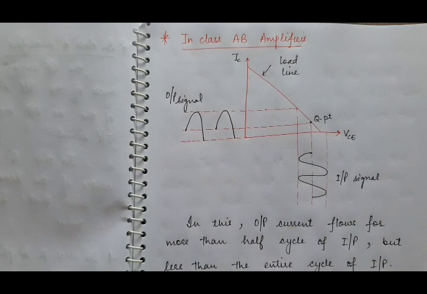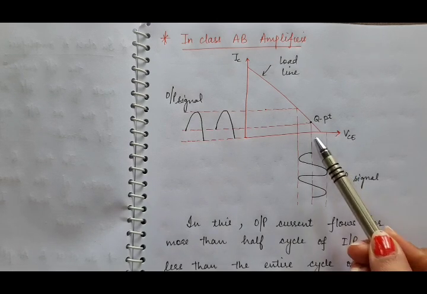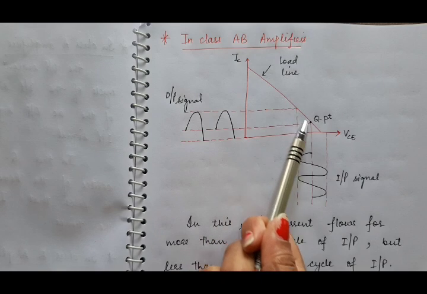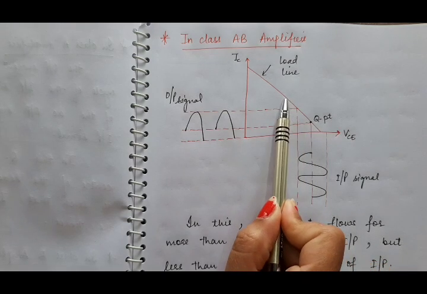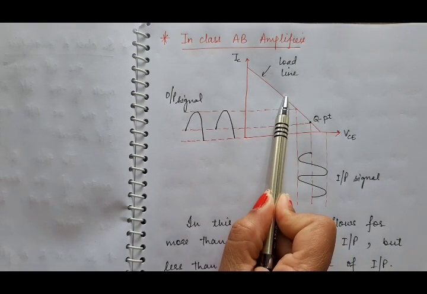Now the third class according to the operation is class AB amplifiers. And class AB amplifier is the intermediate of class A amplifier and class B amplifier. As you can see here, what is the position of the Q point on the load line? In case of class A amplifier, this Q point was lying near the middle of the load line.